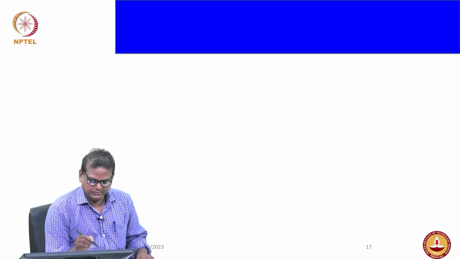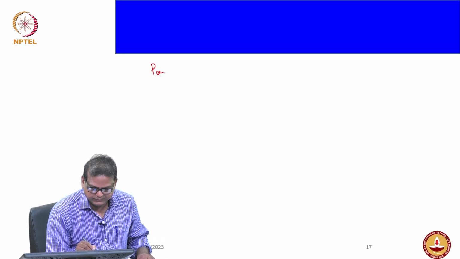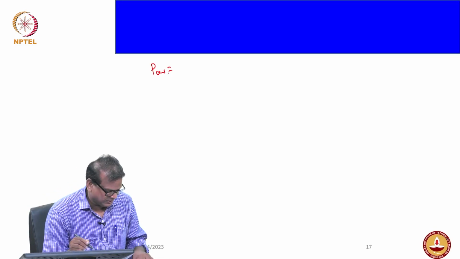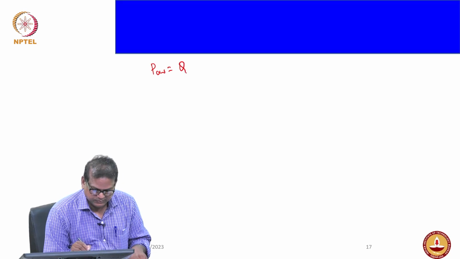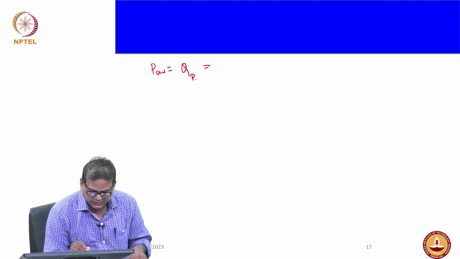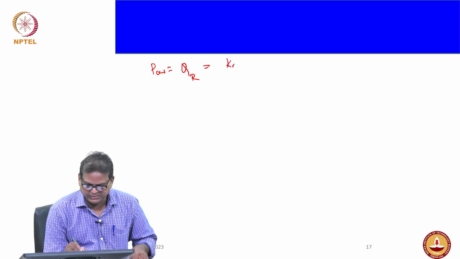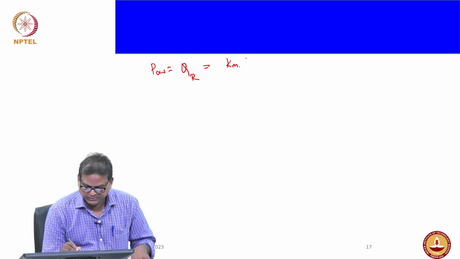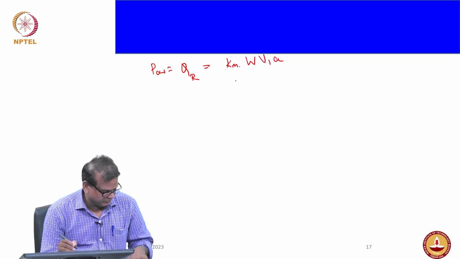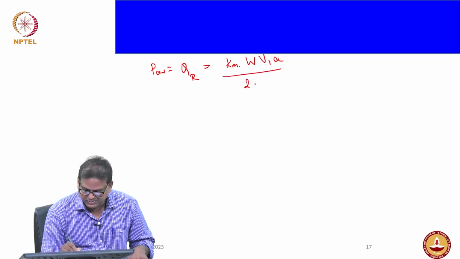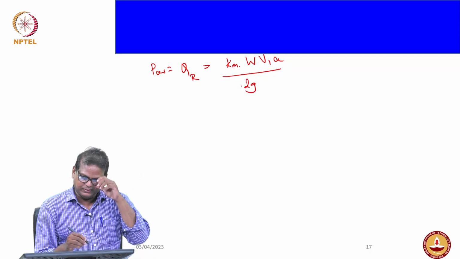The P average, or rather QR, the heat absorbed by the rotor. Remember the equation: Km W V1 squared by 2g, which we had earlier.